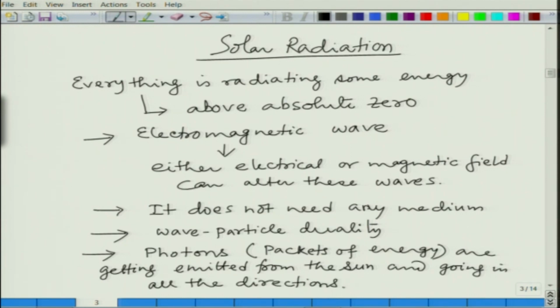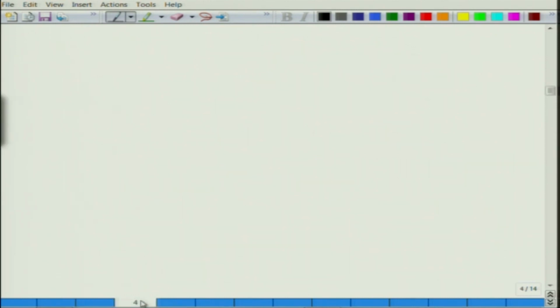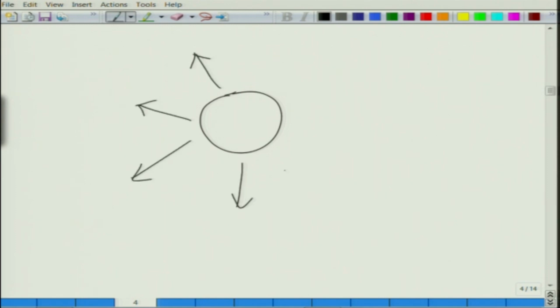Okay. And of course, those photons they do not know where Earth is, where Mars is or whatever. So, what do they do? They do not have any bias, they are going equally in all directions. So, you can think of sun to be a sphere, okay, and these photons are going equally in all directions.